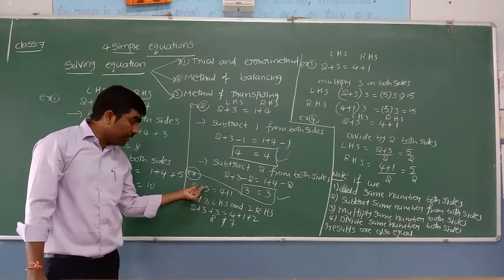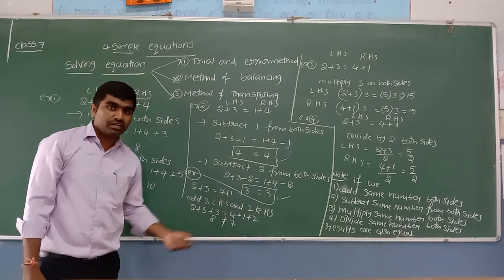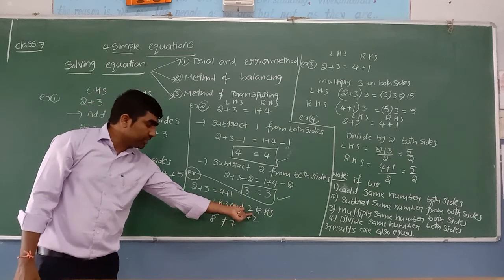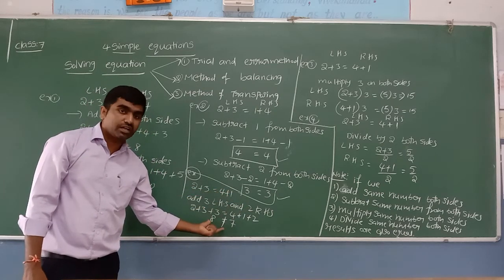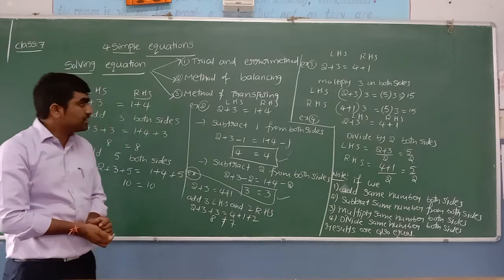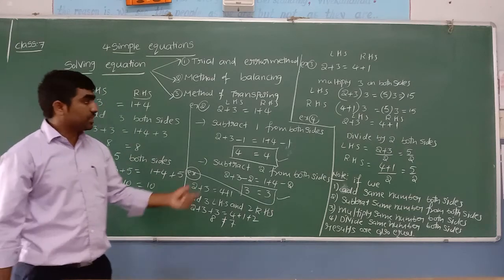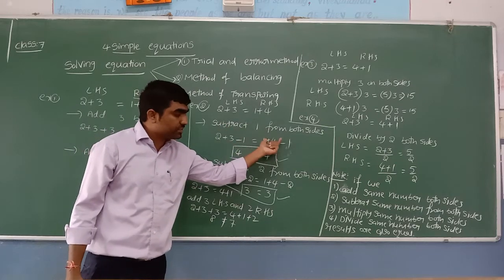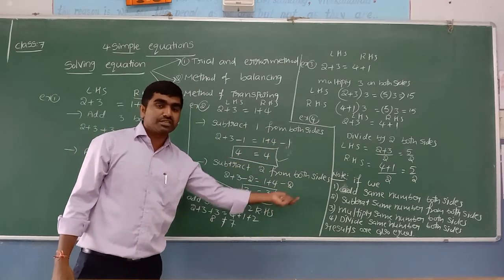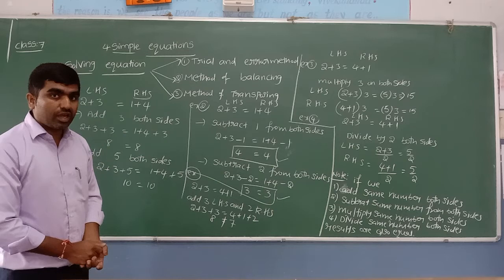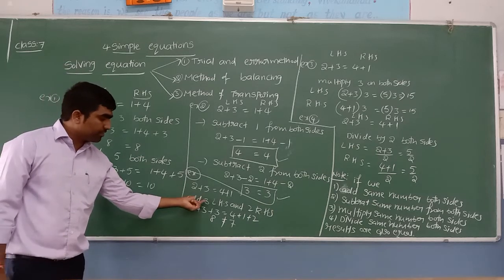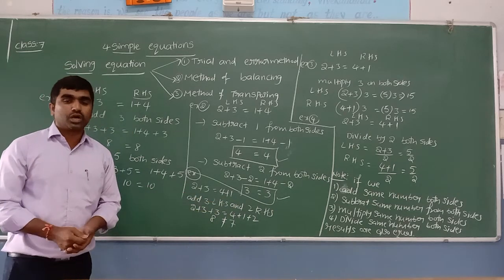We are adding different numbers to both sides. So by adding different quantities to both sides, the results are not equal. That is the reason I said that by adding the same number to both sides, or subtracting the same number from both sides, multiplying or dividing, we can see the results are always equal. If you go with different numbers, the results are not equal.